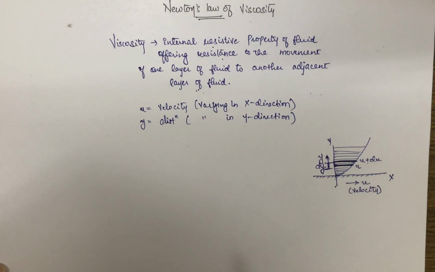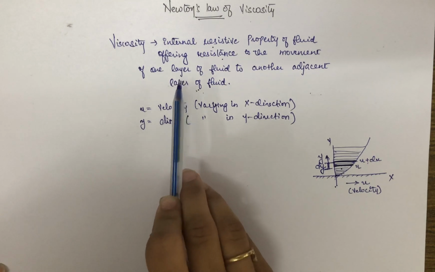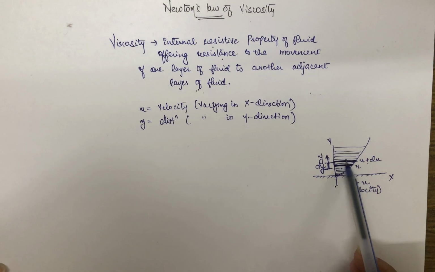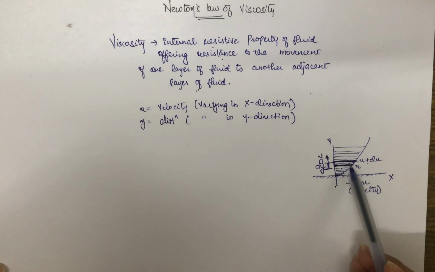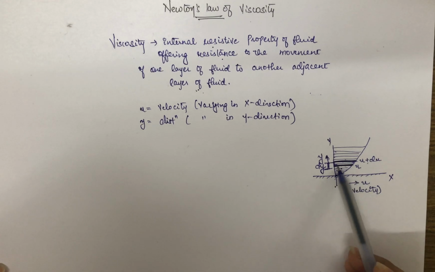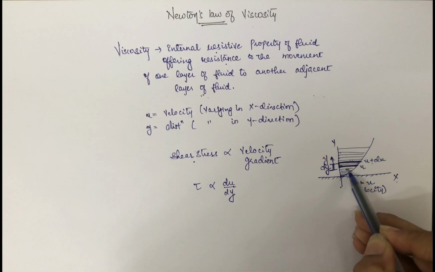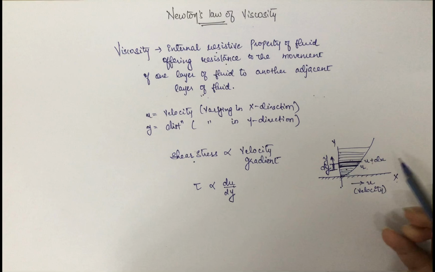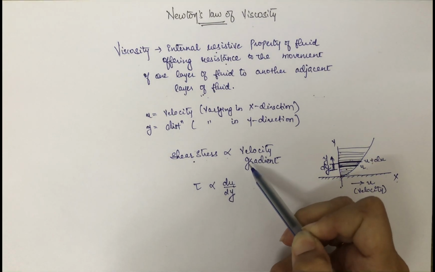Along with the relative velocity and viscosity, shear stress will be induced between these two layers. This layer will induce shear stress on the top layer, and the adjacent top layer will induce it on the bottom layer with velocity u. So I can write that shear stress is directly proportional to velocity gradient.